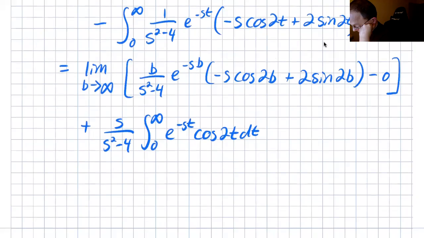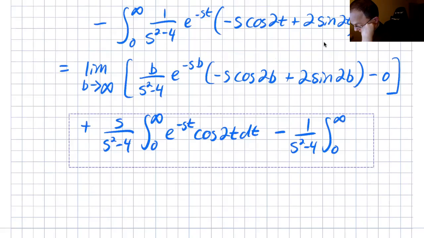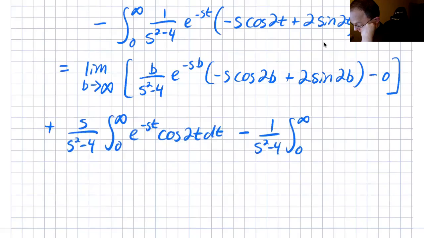And then minus 1 over s squared minus 4 integral from 0 to infinity. Need more room. Maybe I'll put this 2 out here.